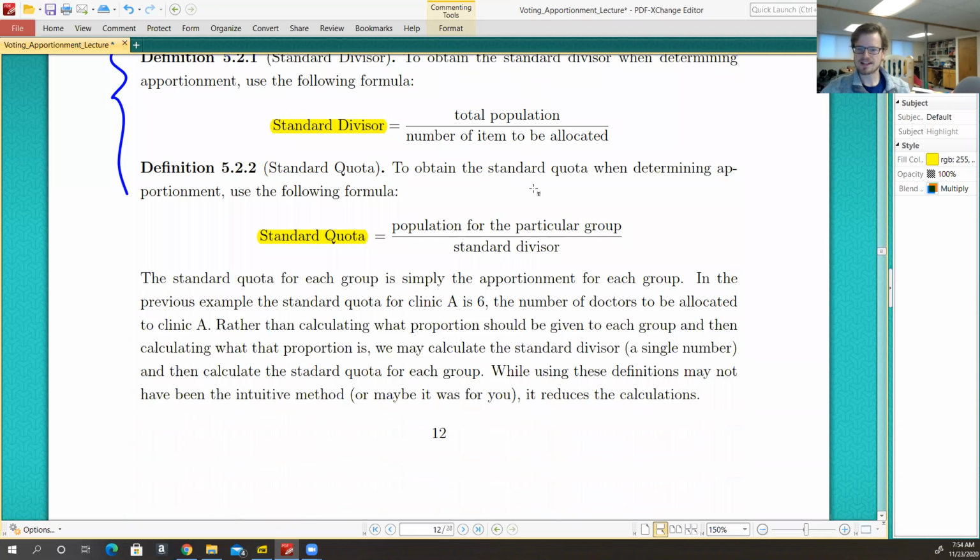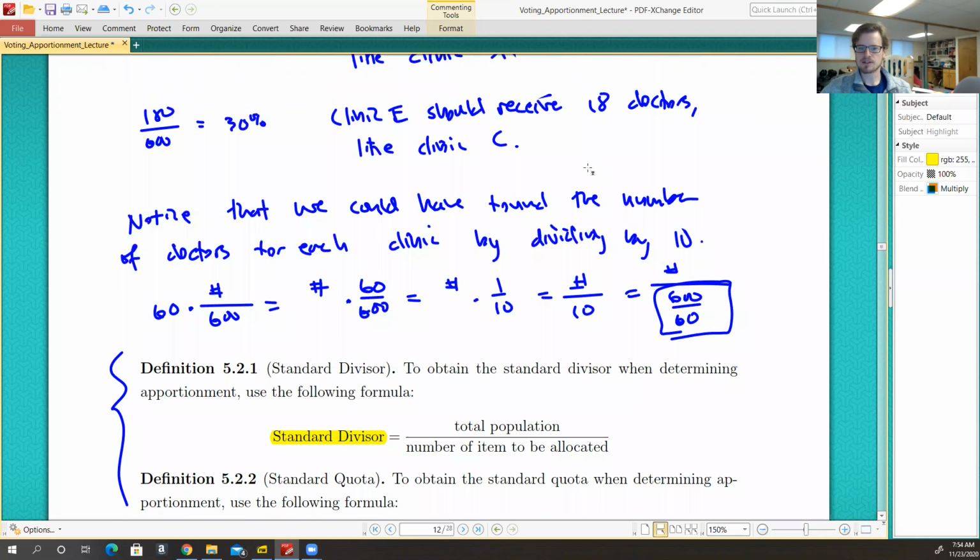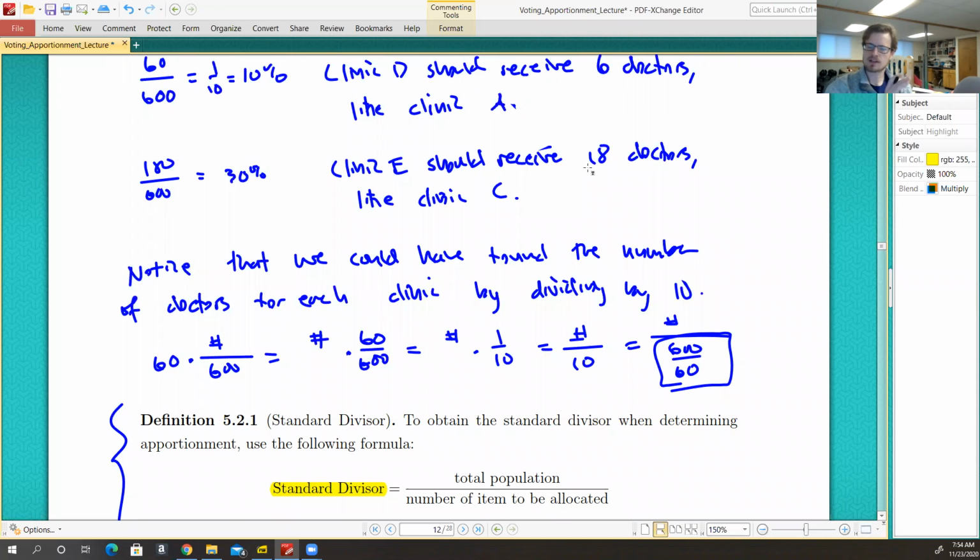All right, so that's the idea of what we want to do. But of course, things are going to be a little bit more complicated, because most of the time, what we have to distribute won't divide nicely. Right, 180 divided by 600 is 30%.